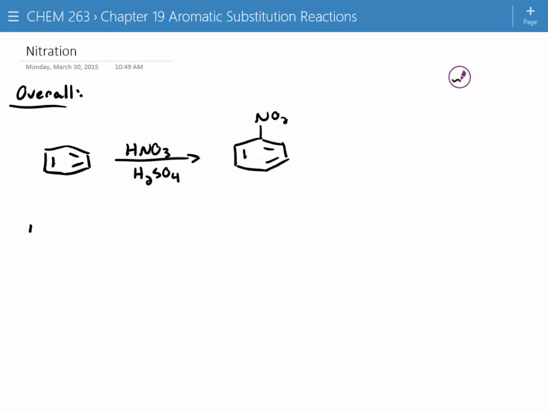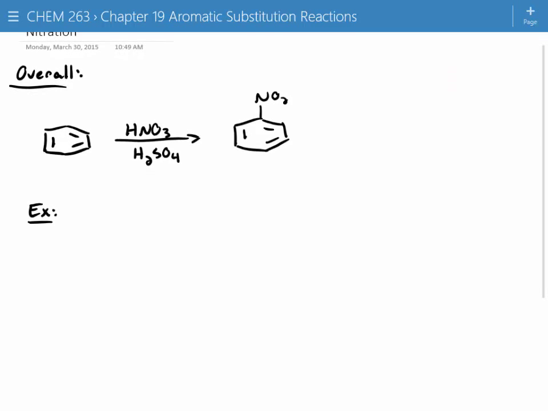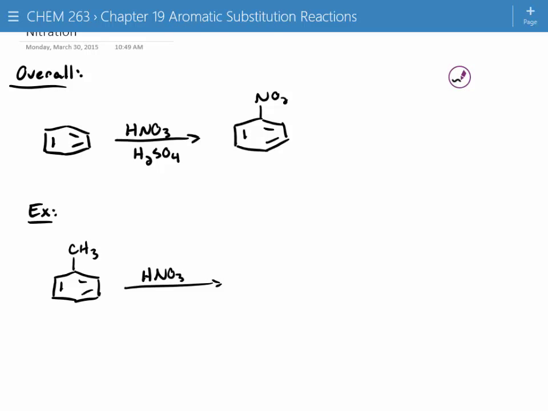The cool thing with this reaction, which is why it was so popular, is let's take this guy. What's the name of that parent compound? Toluene. Okay, and we're going to react this with HNO3, H2SO4, and we're going to do this in excess.